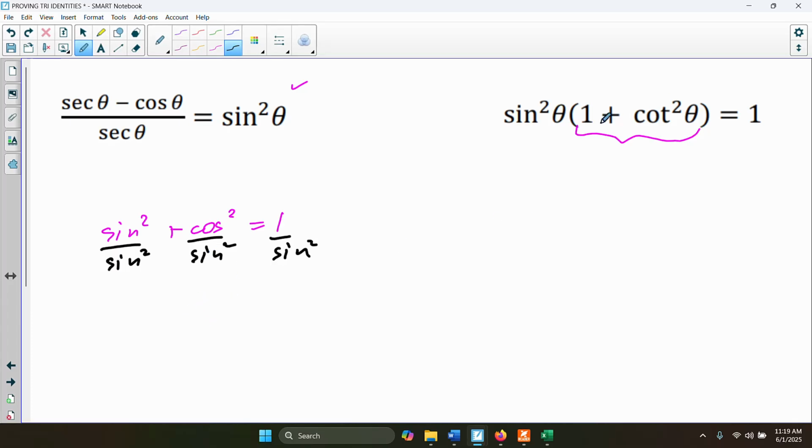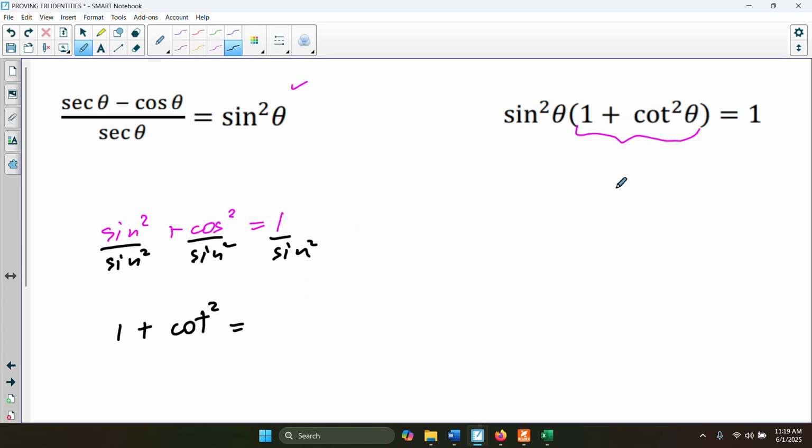For some reason, I have a difficult time memorizing this. But by doing this, 1 plus cotangent squared equals, well, what is this right here? I'm going to leave it as 1 over sine squared because I'm going to be using it here.